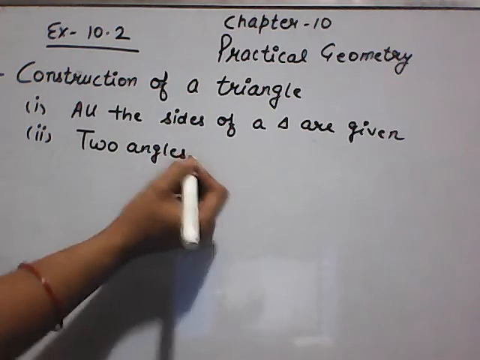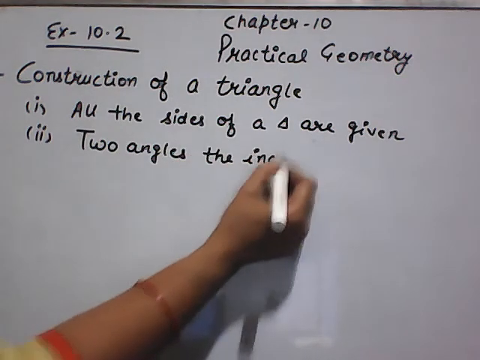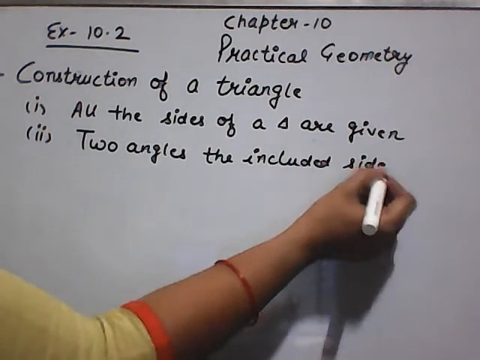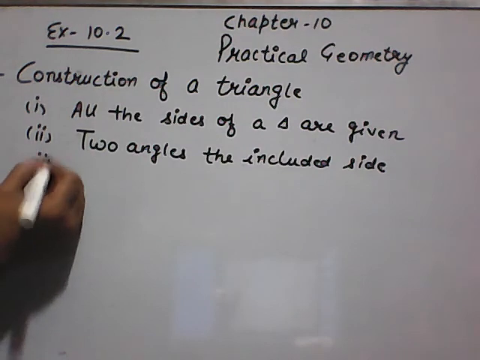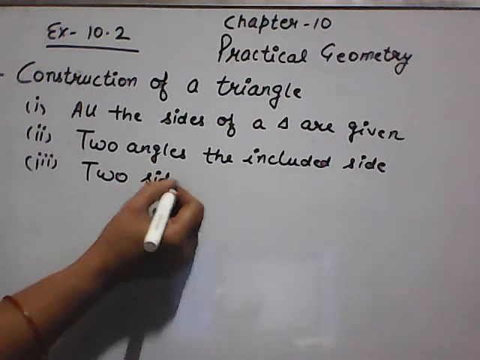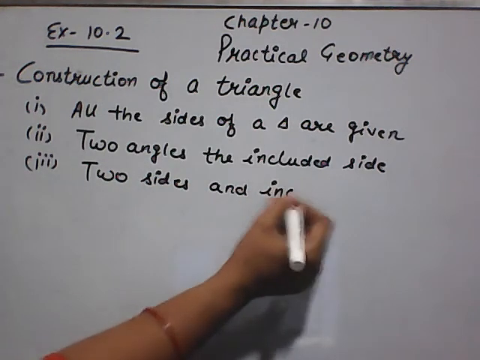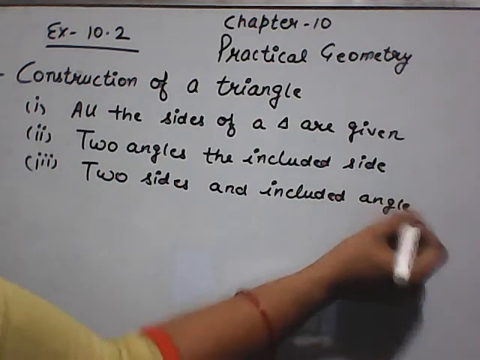If two angles of a triangle and the included side are given to you, then you can construct a triangle. Next condition is if two sides and the included angle are given to you, then you can construct the triangles.